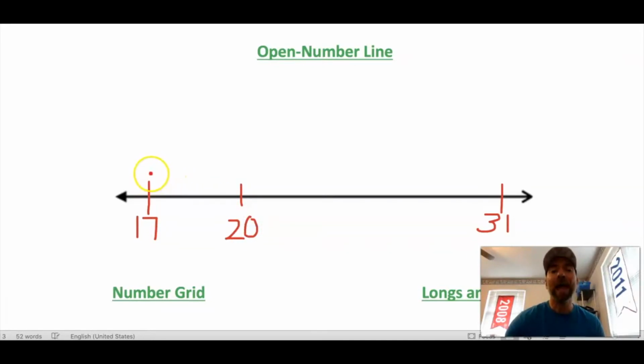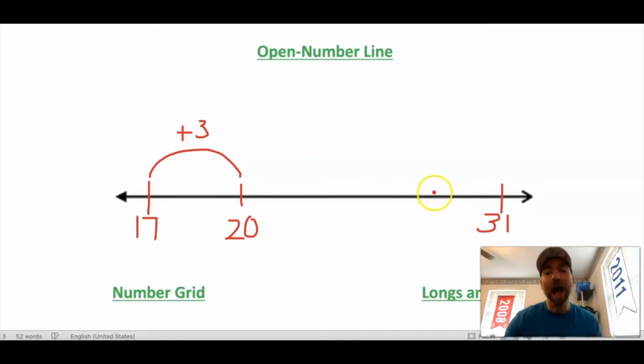How far do I have to go from 17 to 20? Well, my friends at 10 will tell me 7 plus a number equals the next 10. 7 plus 3 equals the next 10. So 17 plus 3 will get me to 20. Now, once I'm at my 20s, my 10s, right? 10, 20, 30, 40, then I can start counting by 10.